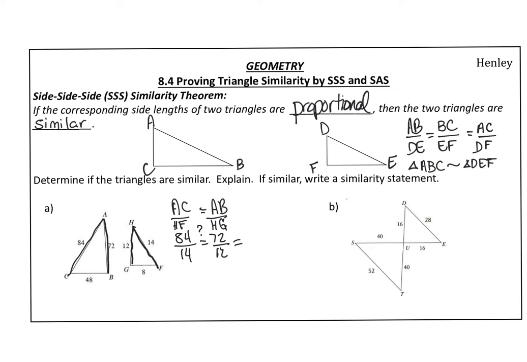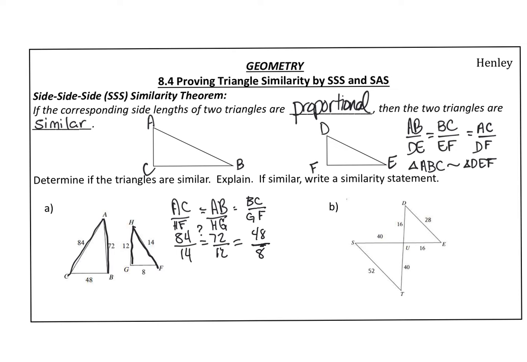Finally, we have BC compared to GF, or corresponding to, and so that would be 48 over 8. Now we simplify these.